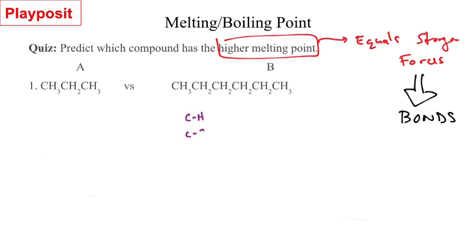C to H, C to C, both of those are nonpolar covalent, which means London dispersion forces, which means what can we do? Delete it. Which one has the strongest force if we've deleted everything? Would it be B based just off of surface level?